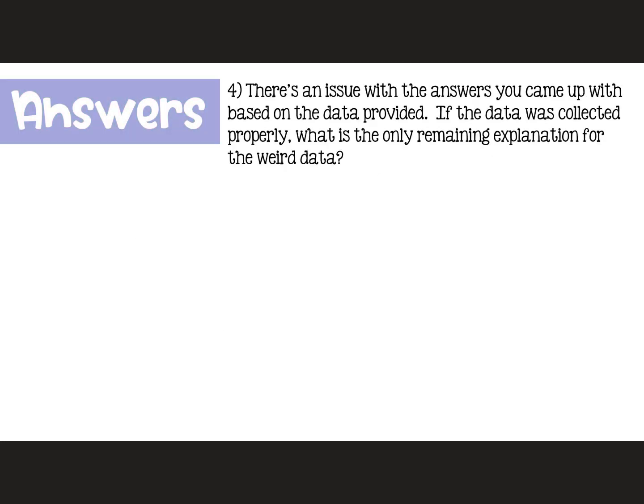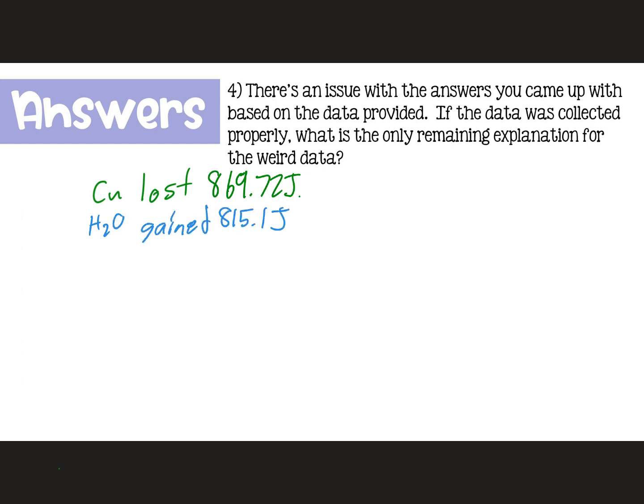Now let's look at number 4. There's an issue with the answers you came up with based on the data provided. If the data was collected properly, what is the only remaining explanation for the weird data? Well, we know that copper lost 869.72 joules of energy, whereas water gained 815.1 joules of energy. If we subtract this, we find that there is a difference of 55 joules.